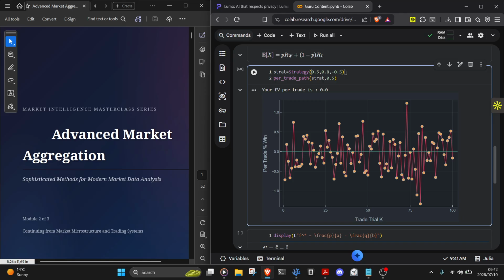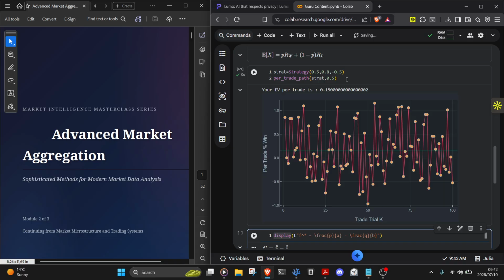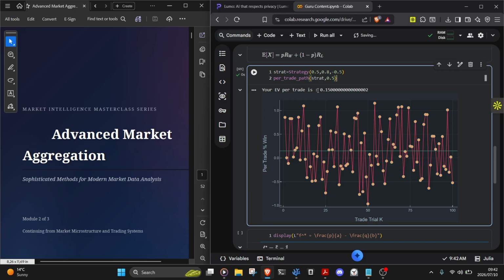As you can see, that's actually a positive EV strategy. Your EV per trade is 0.15, meaning when you put up $1, you should on average expect to get 15 cents back. So this strategy is worth playing, right?